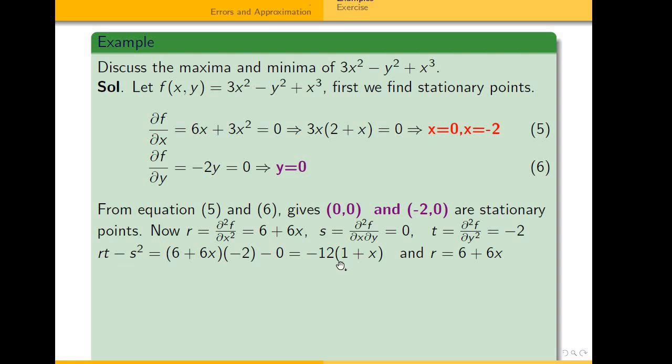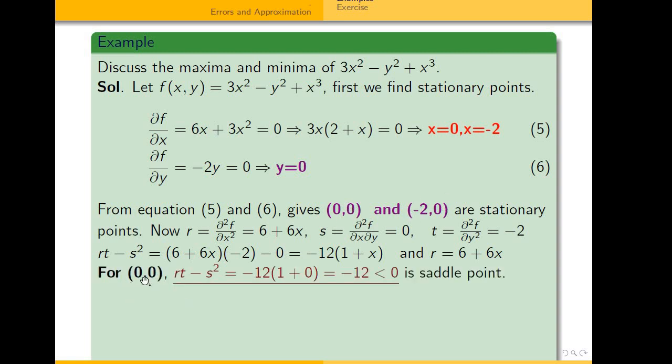Now, in the last problem, rt minus s square was a constant term, and r was also a constant term. But here this is in terms of x. Therefore, I will find rt minus s square at the first point, and then the second.